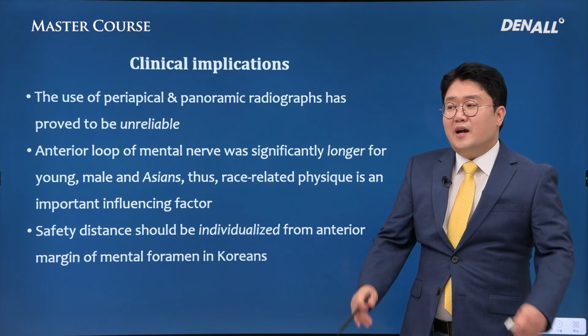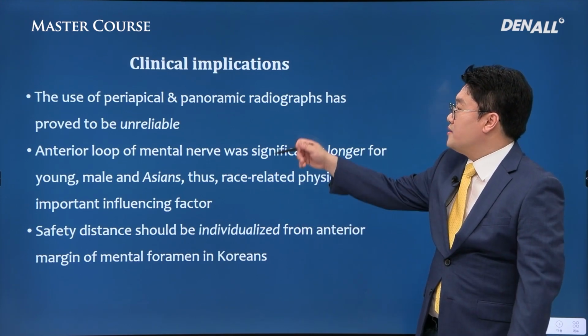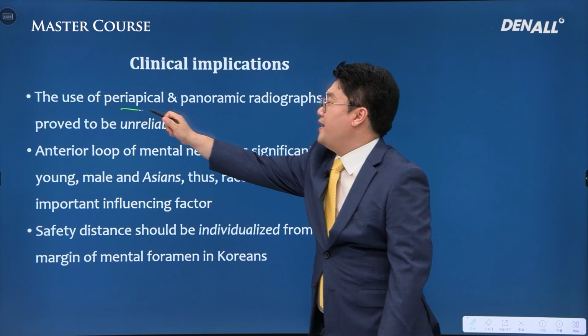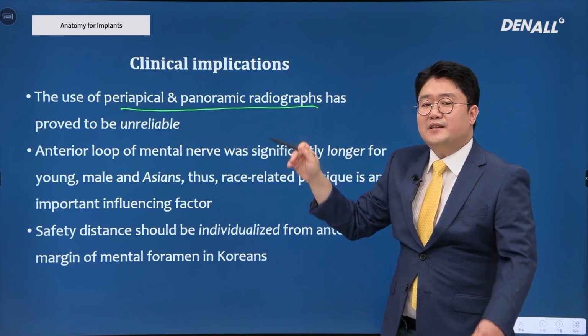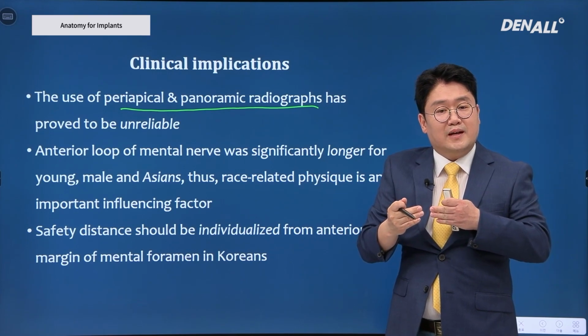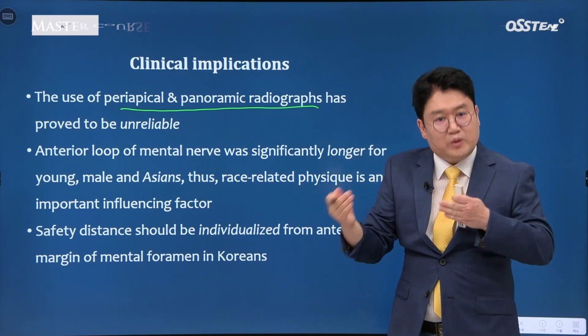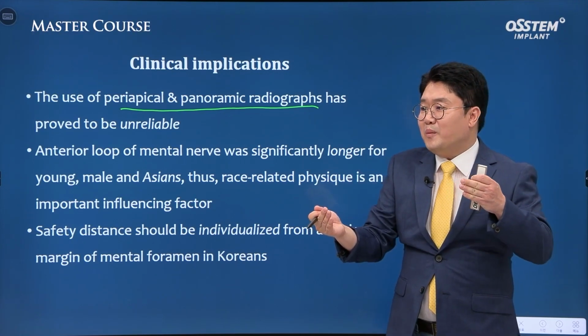Let's summarize. The cadaver dissection studies, what they say in common is that the use of periapical and panoramic radiographs has no value. Is the cadaver more accurate or X-ray? The cadaver is more accurate.